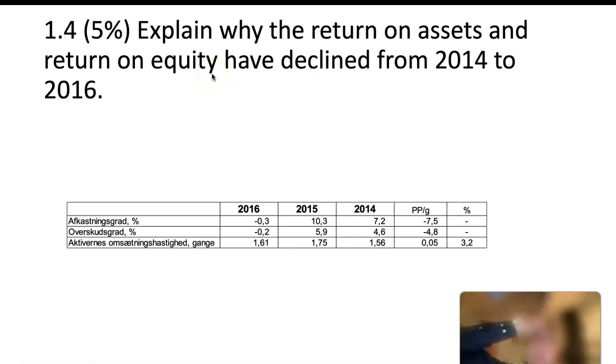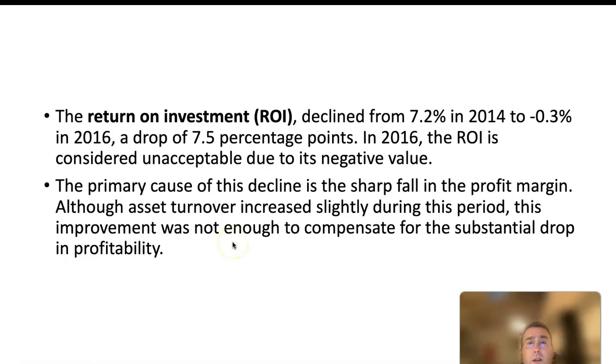The next one: explain why the return on assets and return on equity have declined from 14 to 16. Of course, return on assets is the same as return on investment, which is what is meant by this translation. Return on investment, profit ratio, and asset turnover ratio.